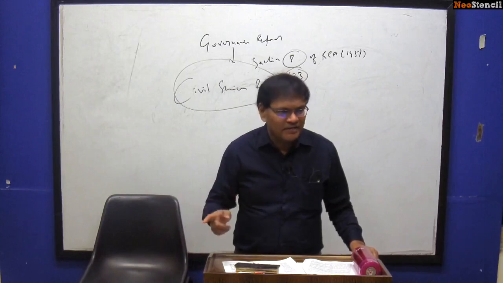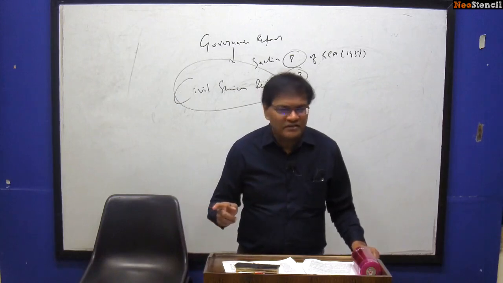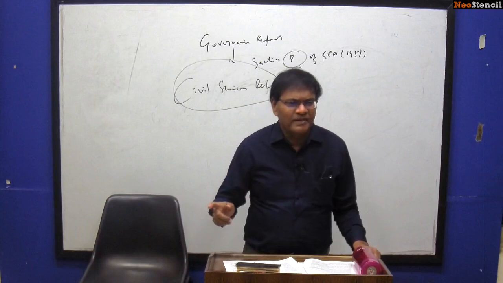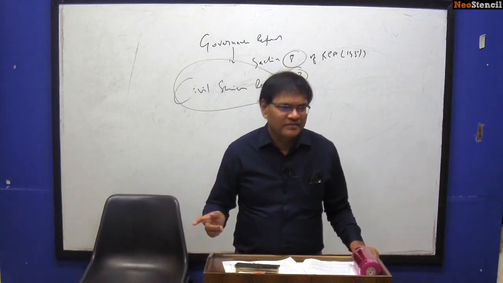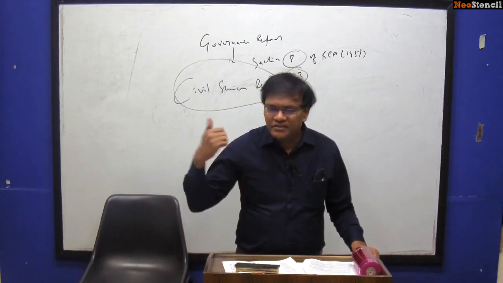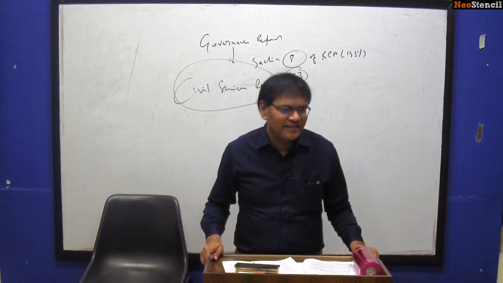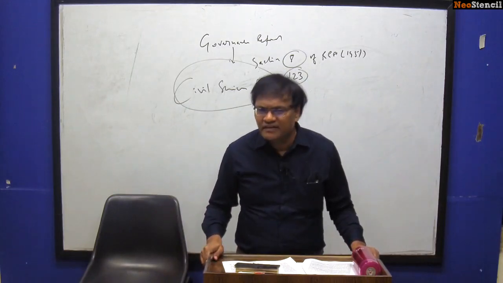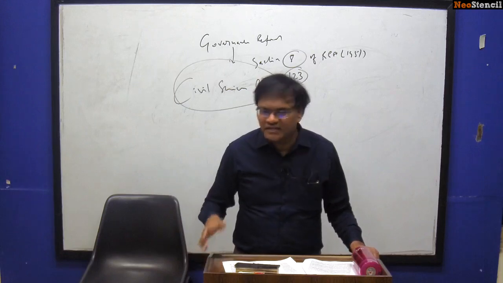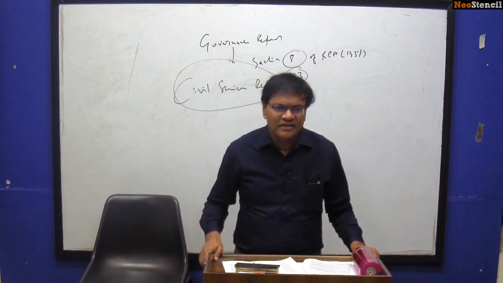G2G means government to government. G2C means government to consumers. G2B means government to business. And G2P also, government to people also. All these solutions can help you to overcome all the weaknesses. You have to give all the examples here.